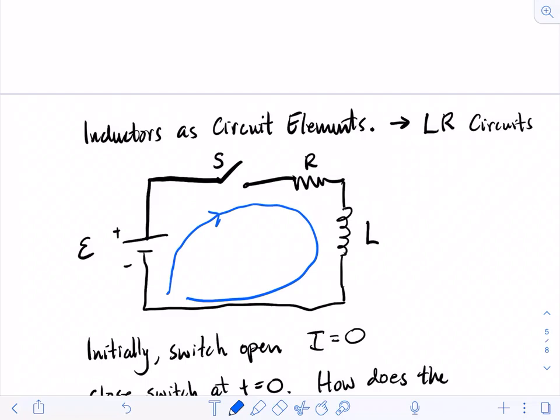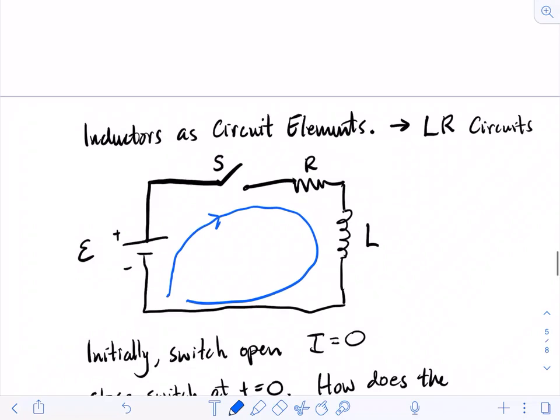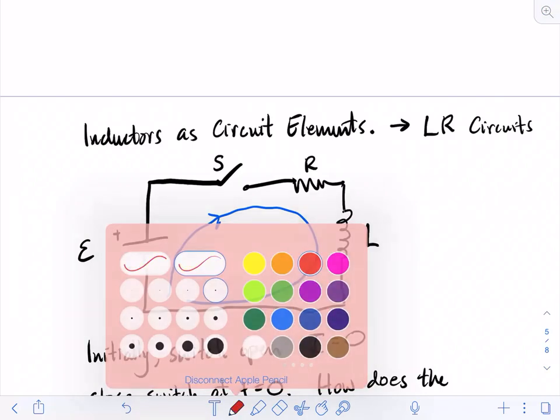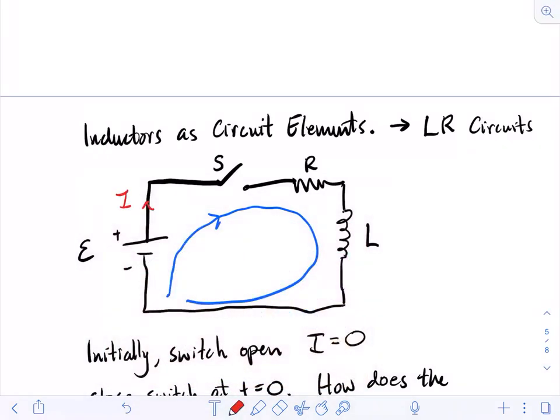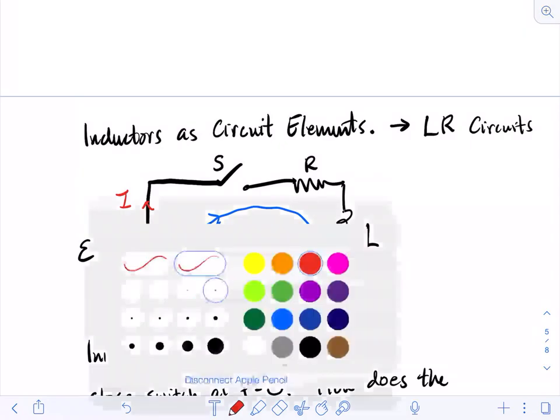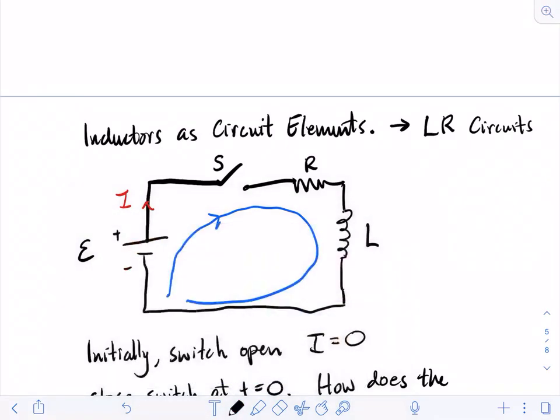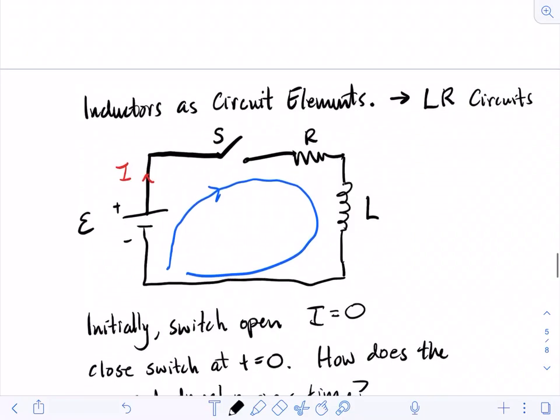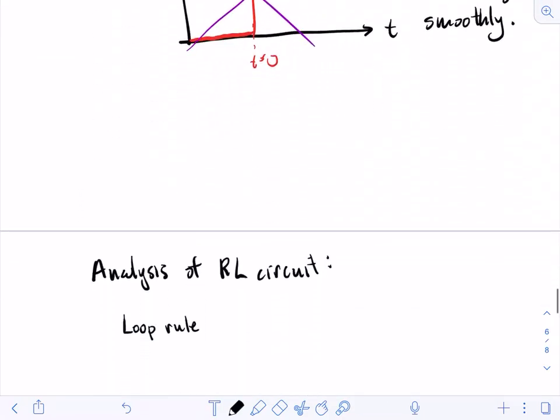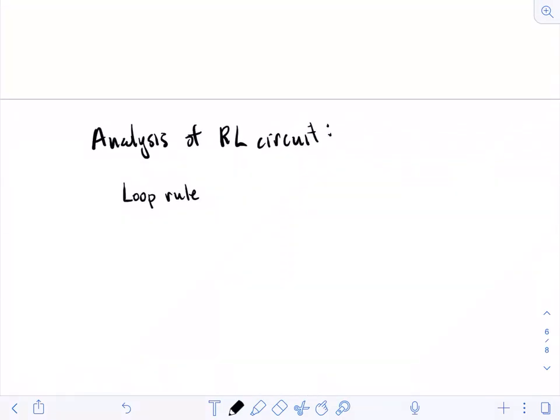The first thing we do is cross the battery, and let's imagine that when the switch does close, we get a current that flows from the negative to the positive terminal of the battery. So we gain a potential of plus the EMF.